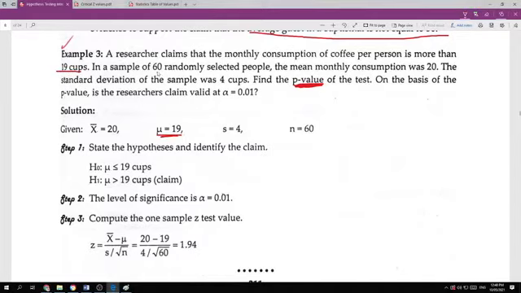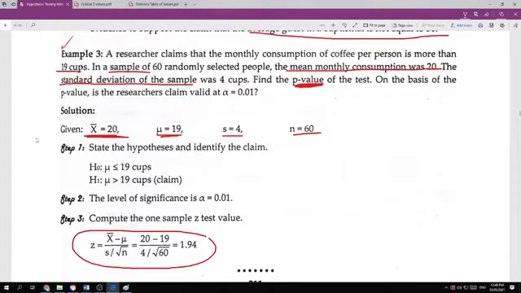The sample mean is 20 because it's stated here, a sample of 60 is n. The mean of that sample is 20. The standard deviation of the sample is 4 cups. So meaning, I will be using this formula.